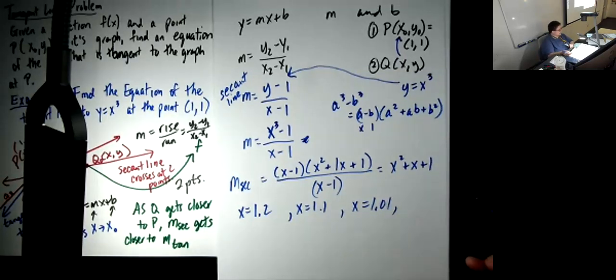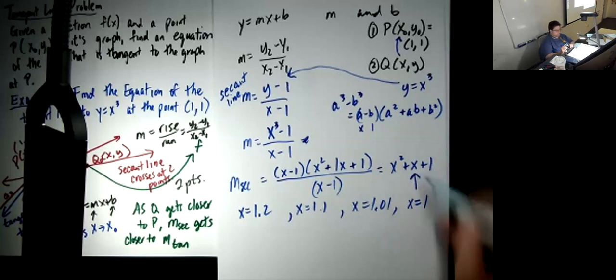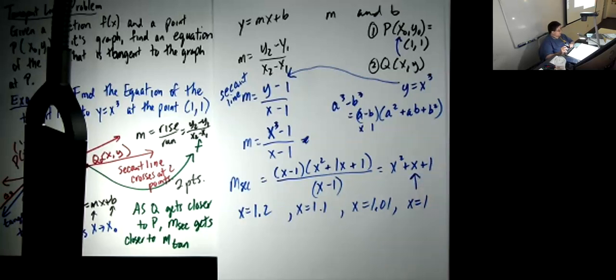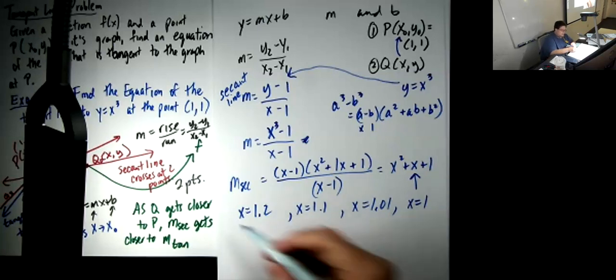In this case, x equals 1 is not a problem anymore. x equals 1 is okay in this one, so I'm going to just plug it in. But I am going to show you the values of the other ones.